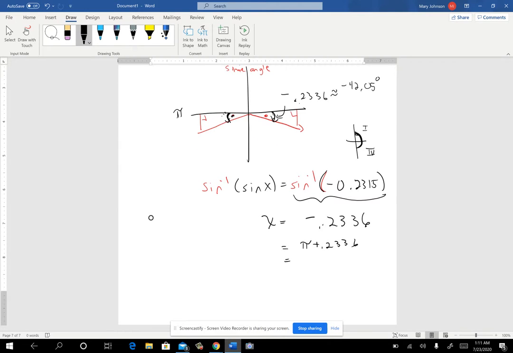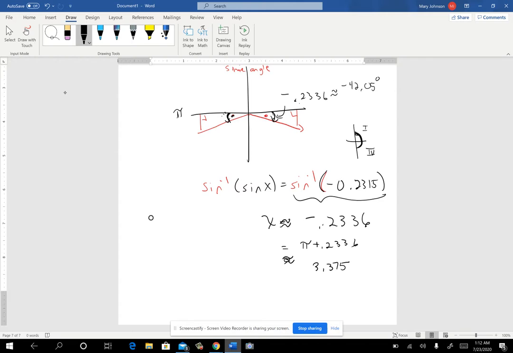When I do that, I'm going to type in pi, as a decimal, plus 0.2336, and I'm going to get the other angle being about 3.375. It's just hard to think about that way because normally every time you're given an angle in radians, it's got a pi in it.